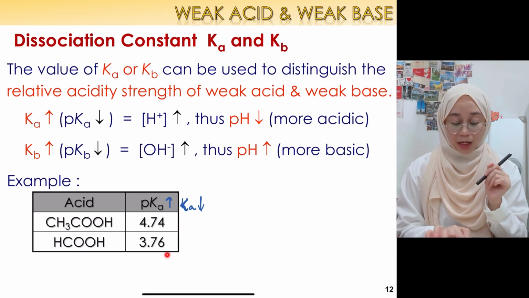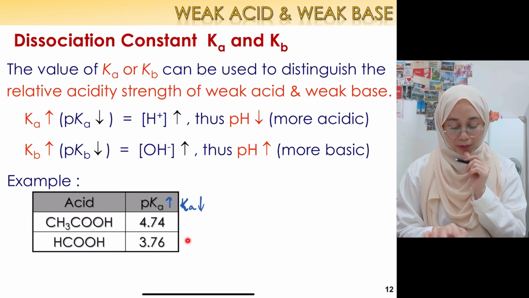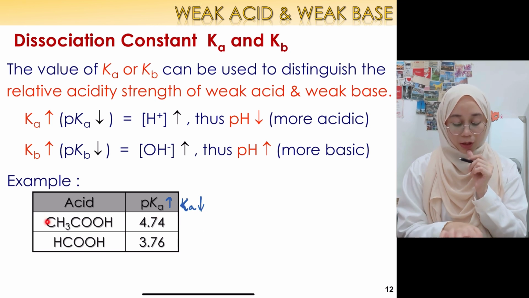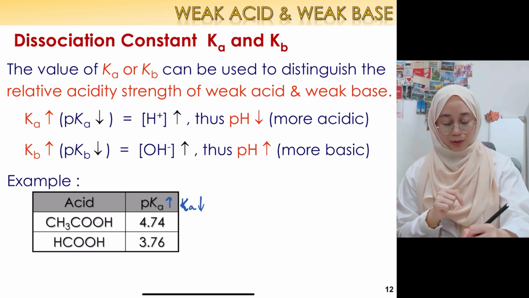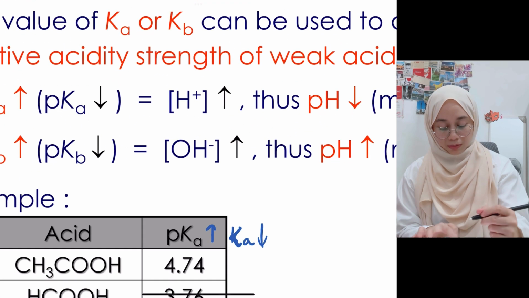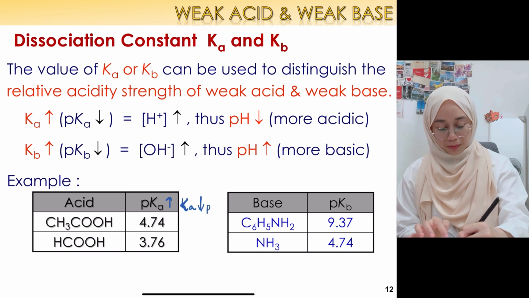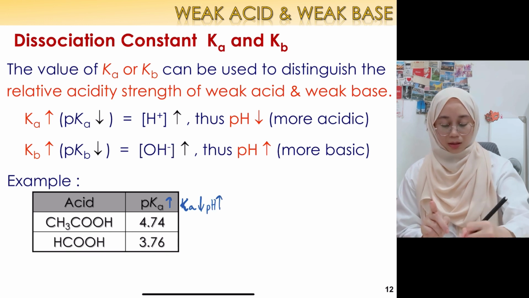So antara dua ni, ethanoic acid, Ka rendah, so pH akan tinggi. pH tinggi bermaksud less acidic.